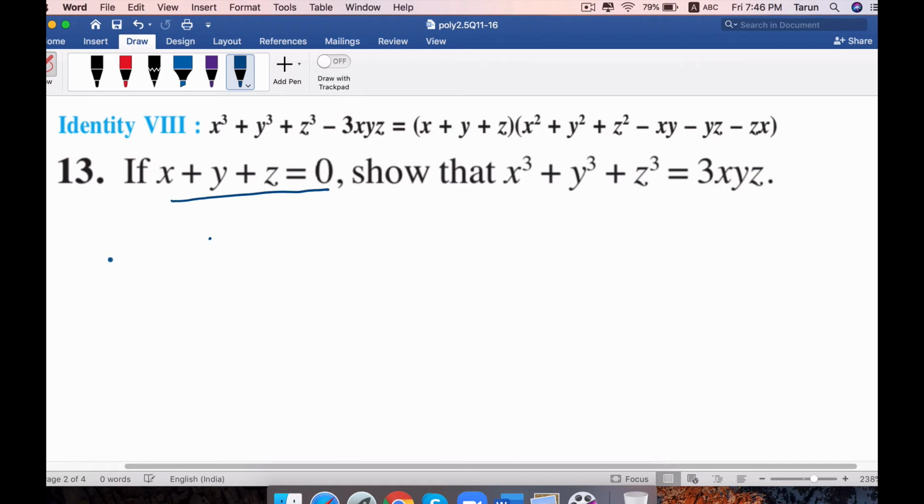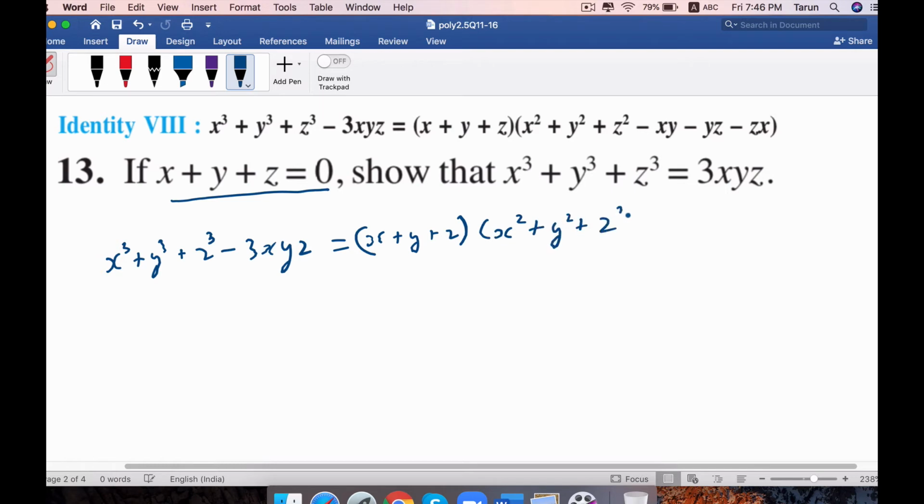Let's rewrite it. We will write x cube plus y cube plus z cube minus 3xyz is equal to x plus y plus z into x square plus y square plus z square minus xy minus yz minus zx. So now when this will become 0, this will also become 0 because anything multiplied by 0 is 0.